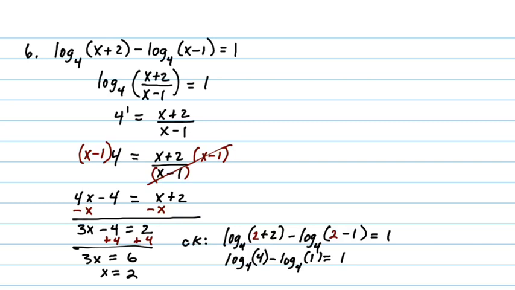Again, what exponent, that's what a logarithm represents, what exponent do you put on a 4 to get an answer of 4? That would be 1. And what exponent do you put on a base of 4 to get an answer of 1? That would be 0. So 1 minus 0 is 1, and again, this works.